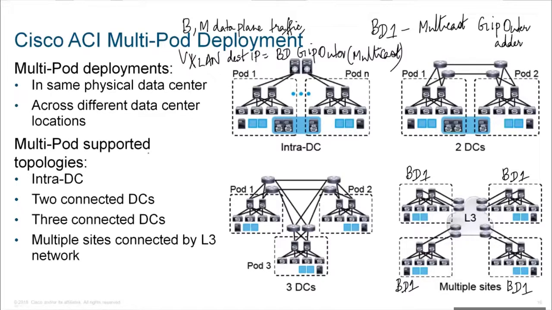Now, in multicast networks, this is a generic question. In multicast networks, how do routers make the decision?